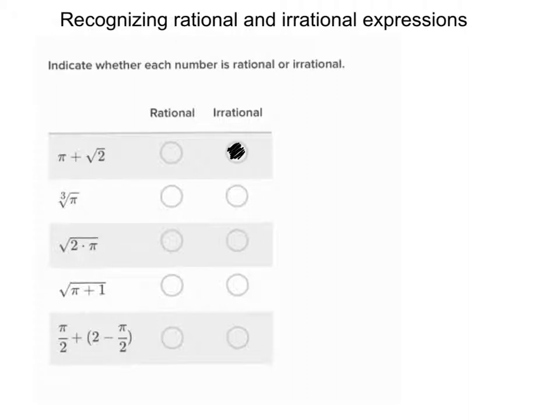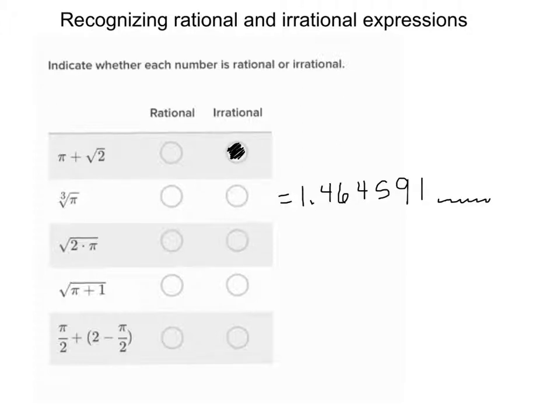All right, let's look at the second one, the cube root of pi. Okay, the pi is irrational, so if you take the cube root of it, you get 1.464591, and the decimal just keeps on going. Now the question is, could we write this?